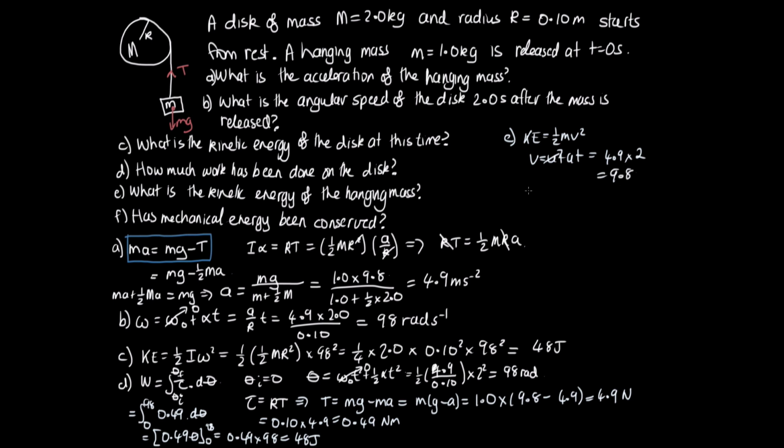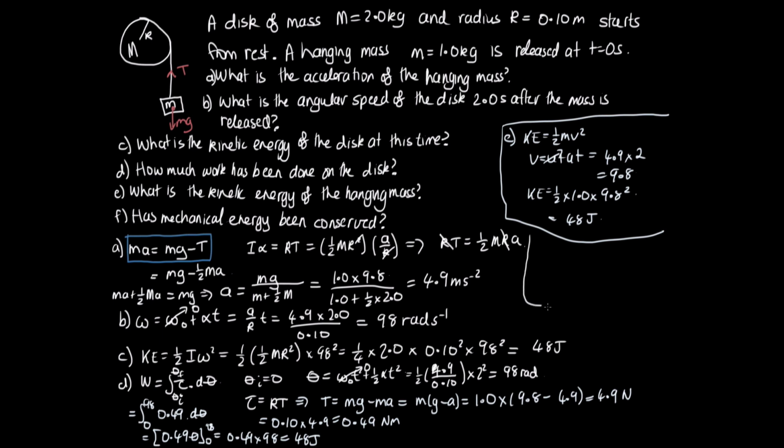So our kinetic energy is equal to a half times the 1 kilogram times 9.8 squared, and solving this, we end up with 48 joules. Let's just put that in the box there.